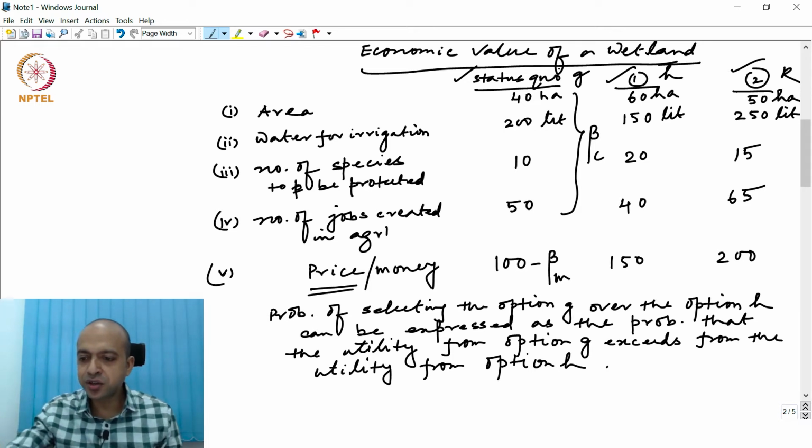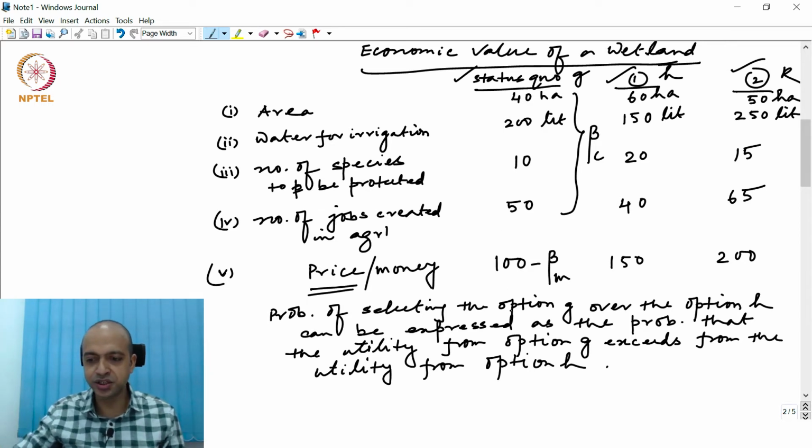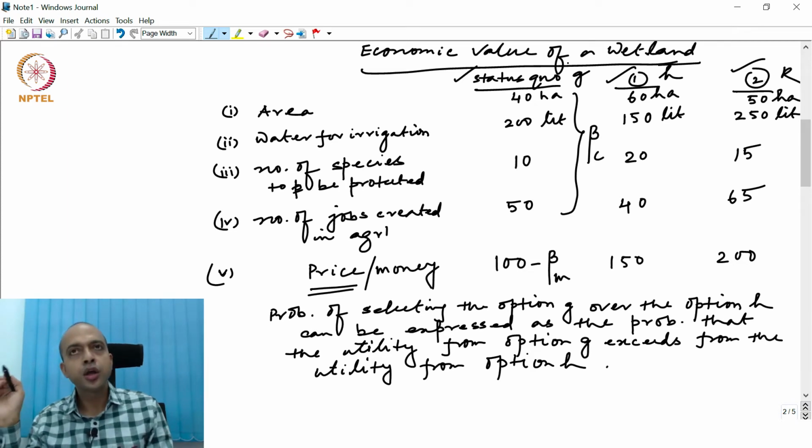So if we take scenario 1, that means the jth option, then I will get this. Whether it is 40, 200, 10, 50 or 100 will determine whether I go for the status quo or scenario 1 or not. When the individual is thinking about option 1, the individual will select based on the area, the supply of water, the number of species, and so on.